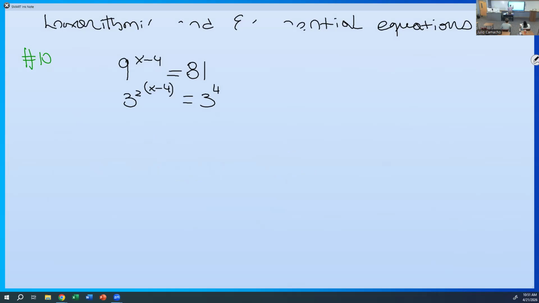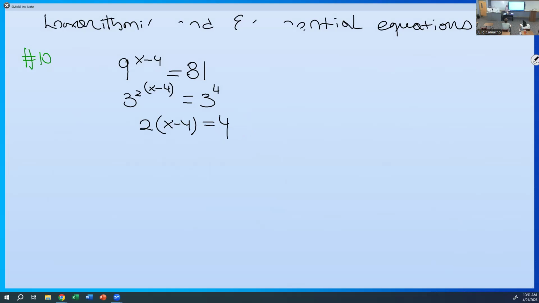So you can say that 2 times x minus 4 is equal to 4, because the bases are the same.